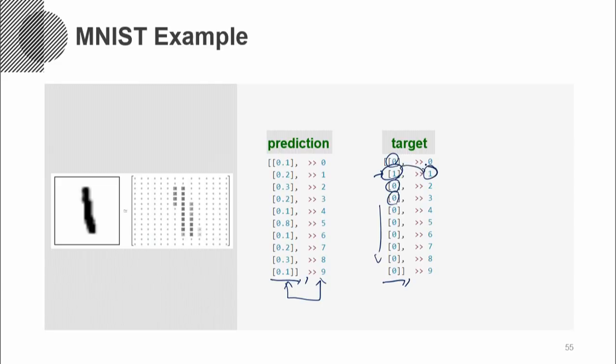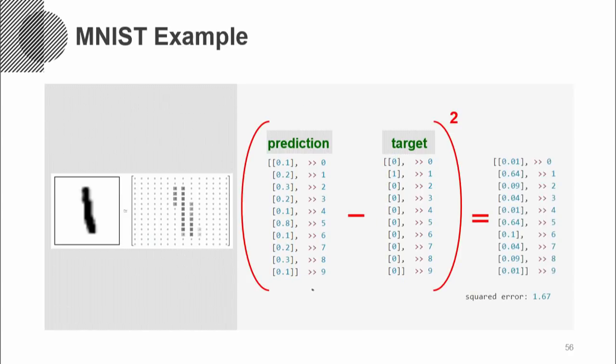So we can compare these two, the prediction output and the desired target vector, and then use the difference between these two vectors and take the squared value of them to consider their difference values, and such difference values corresponding to each digit label can be computed as these values.